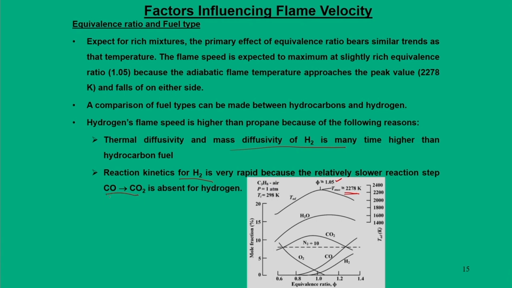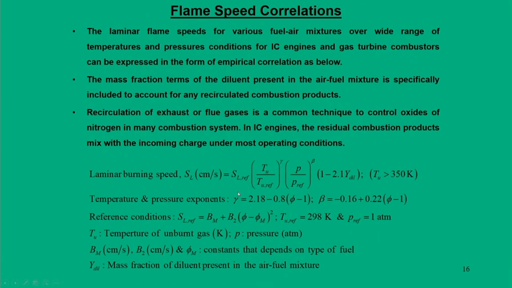In one of the reaction processes, there is a step where carbon monoxide changes to carbon dioxide, and this is a slow reaction, and these slow reactions affect the chemical kinetics. This is absent in hydrogen, and for that reason the reaction kinetics of H2 is much higher.